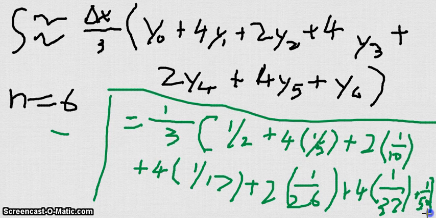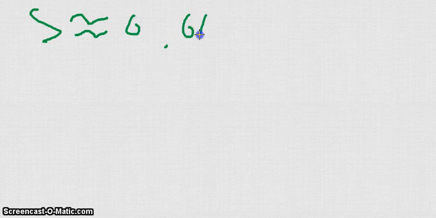We multiply it all together, add it all together, and multiply it by the 1/3. Press your calculator, and then we get Simpson's approximation to be 0.6468.